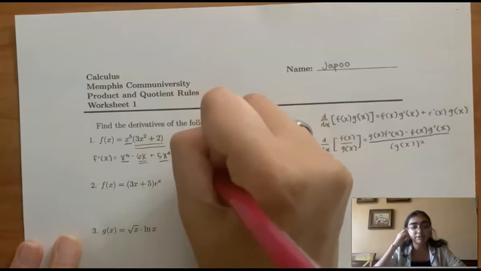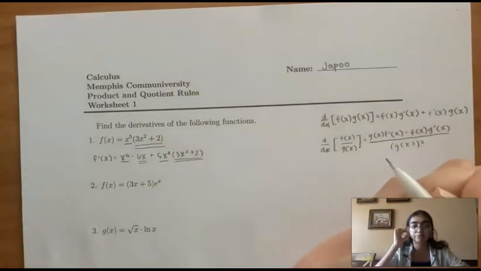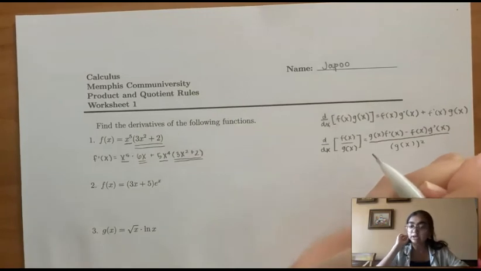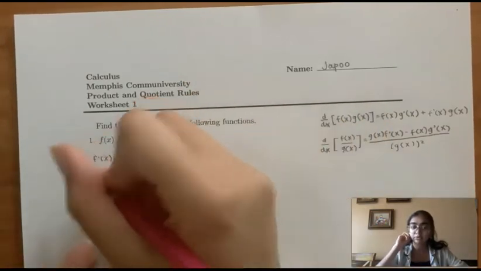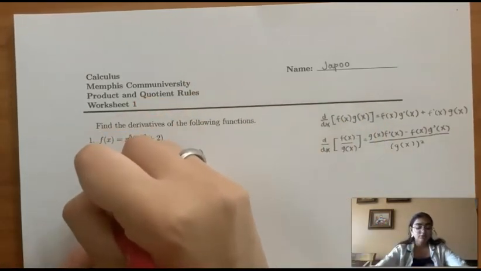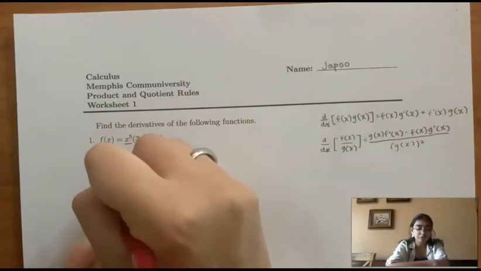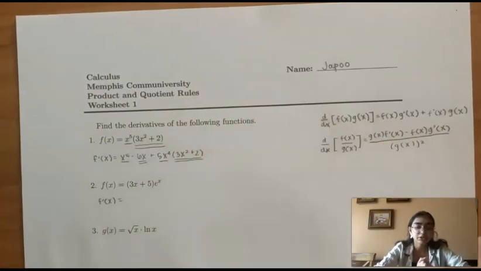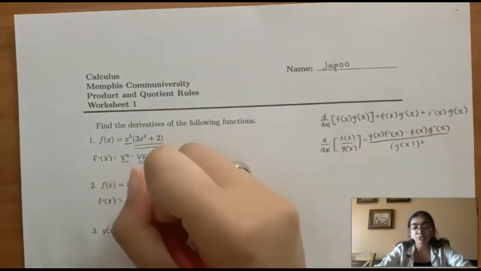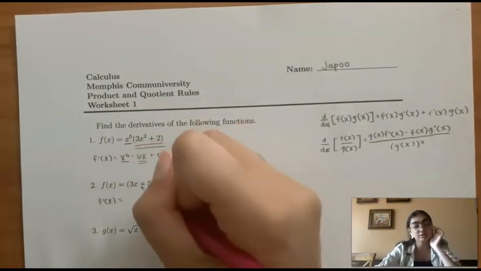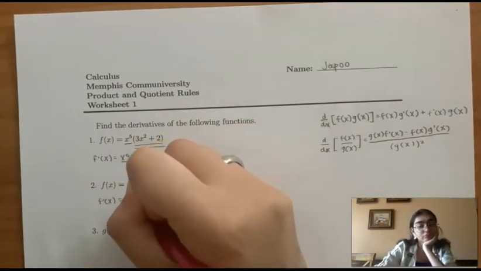And I underlined everything so you can tell where I took the derivative of a specific component and which one I kept the same. So this is another product rule problem. I actually switched which one I took the derivative of first in this problem.